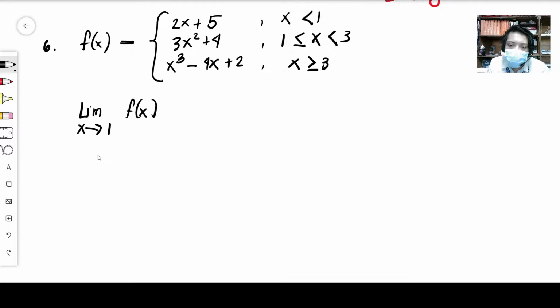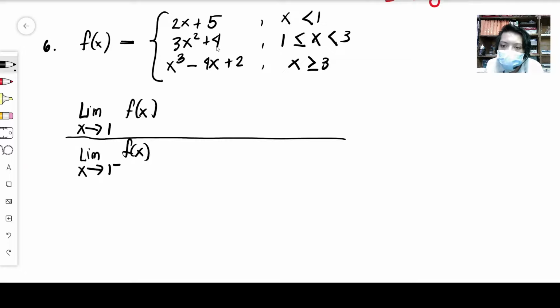Okay, to solve this one, we just need to find the limit of the function as x approaches 1 from the left. From the left.